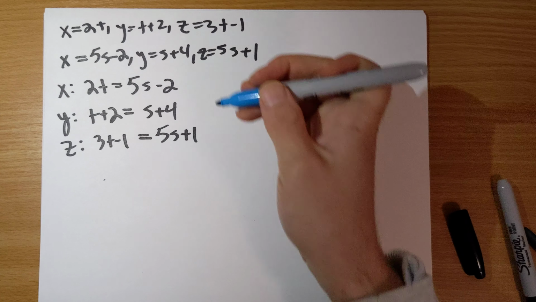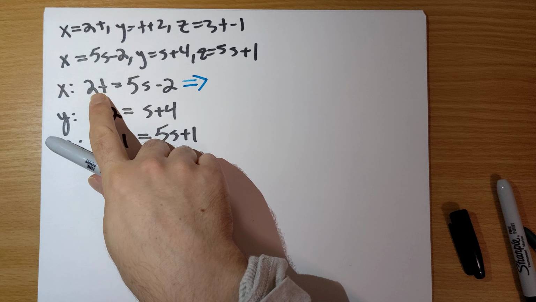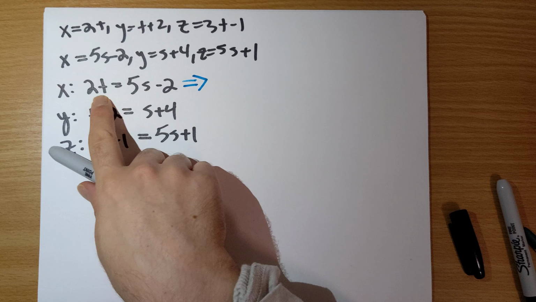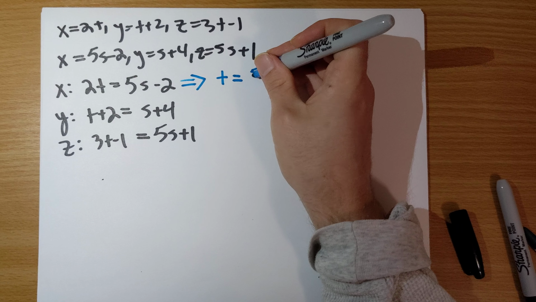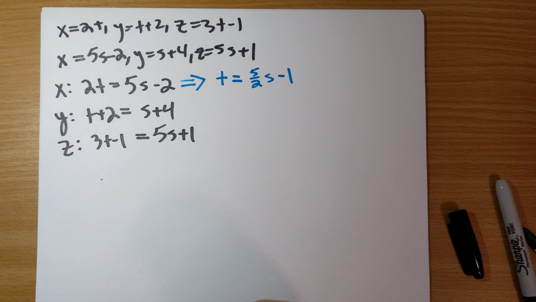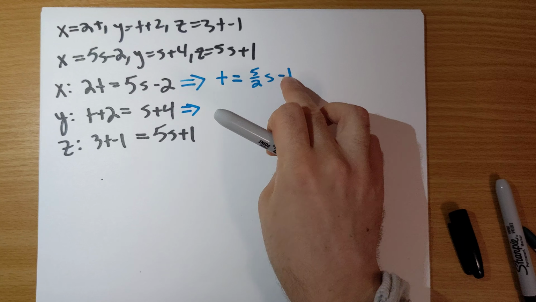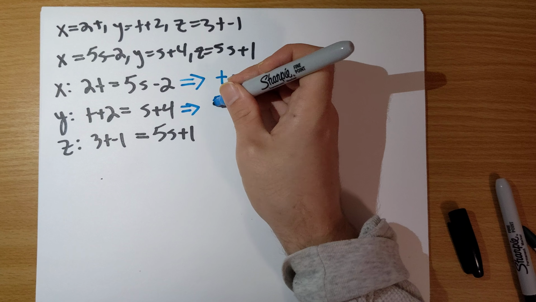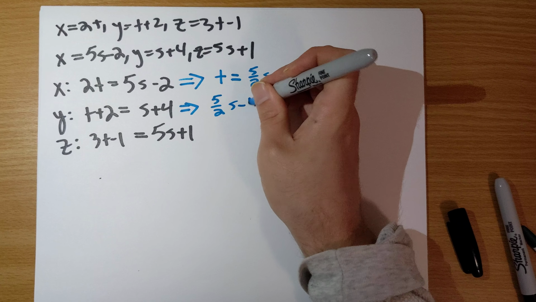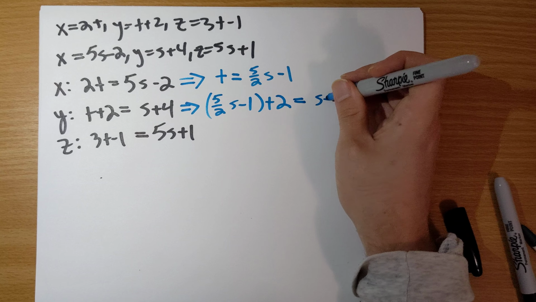Okay, there's many different ways to do this. Going to do some substitution here. If I solve the x equation for t, I get t is equal to 5/2 s minus 1. And then I can plop in 5/2 s minus 1 into the y equation to get 5/2 s minus 1 plus 2 is equal to s plus 4.